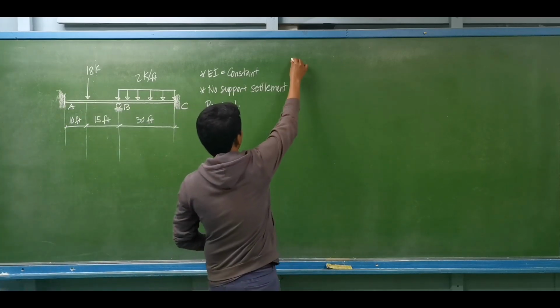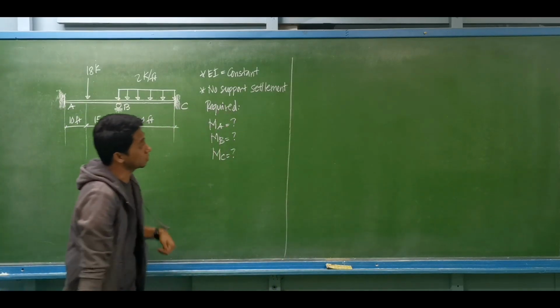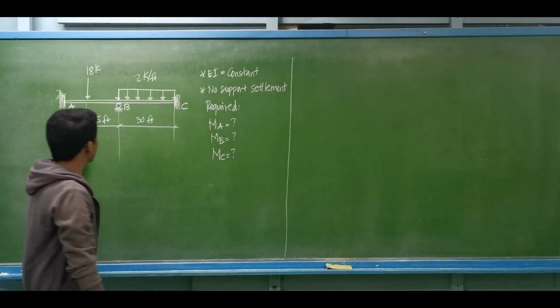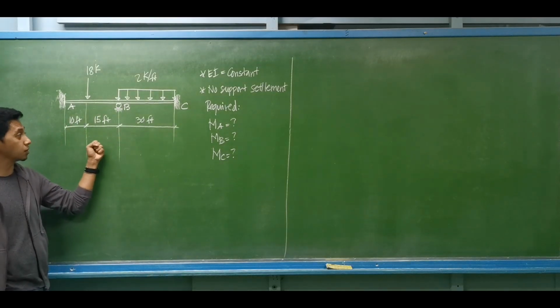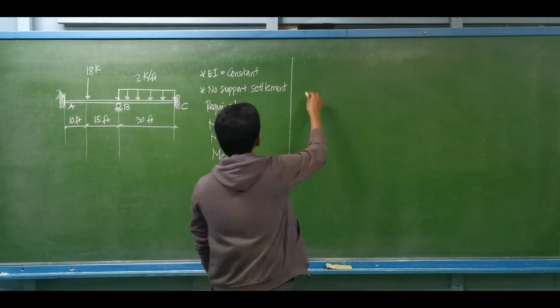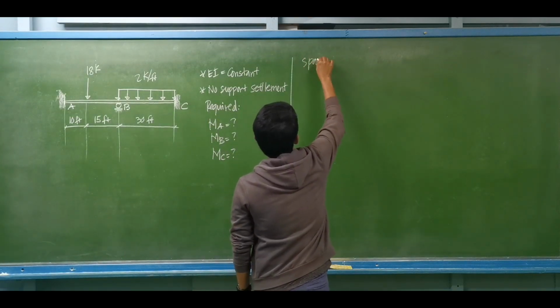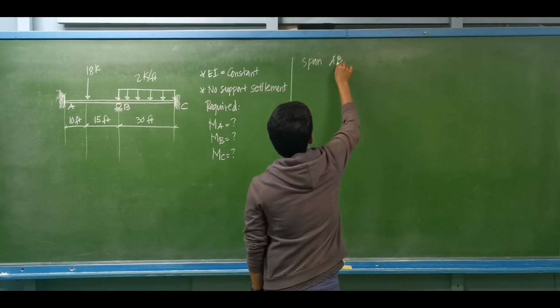So before we proceed to the slope deflection equation, let us first compute the fixed end moments per span. Let's say we have the first span AB.